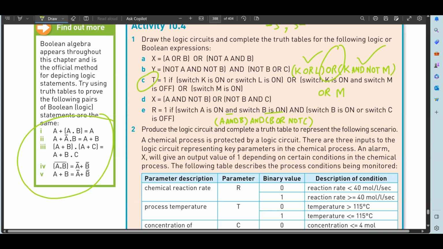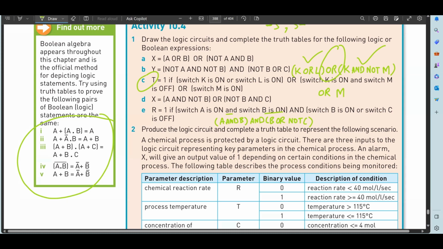Find out more on the left hand side, parts 1, 2, 3, 4, 5. You should be practicing drawing up the truth table for this format of question. All of them should be equal, and if you have done the trace perfectly well, then your answer should be not equal where it is not equal.